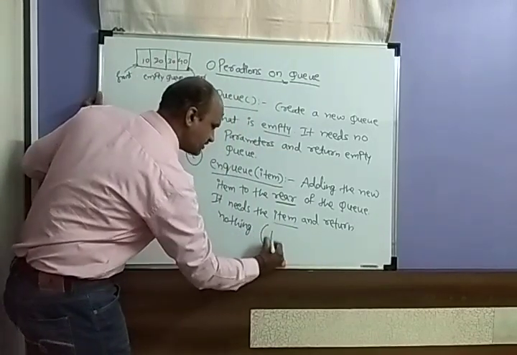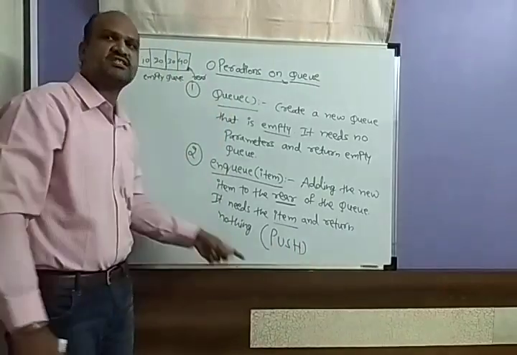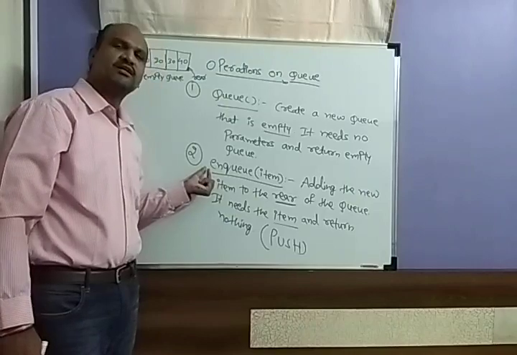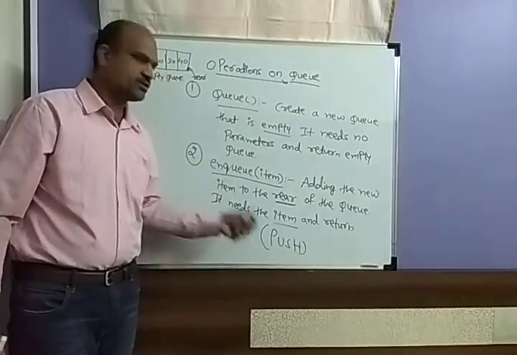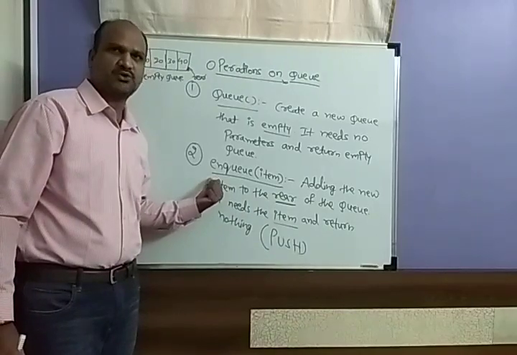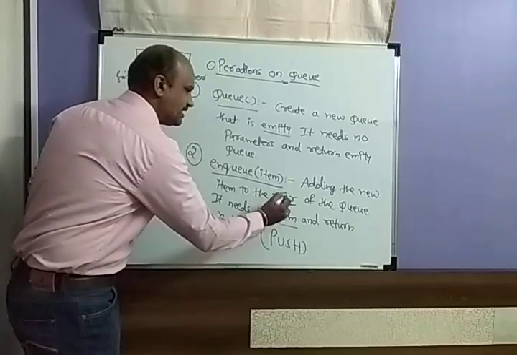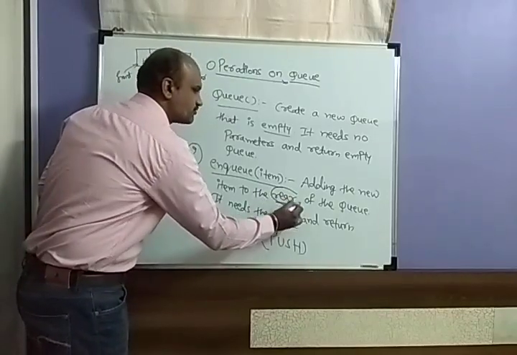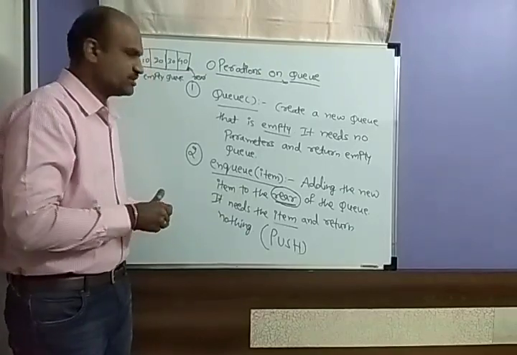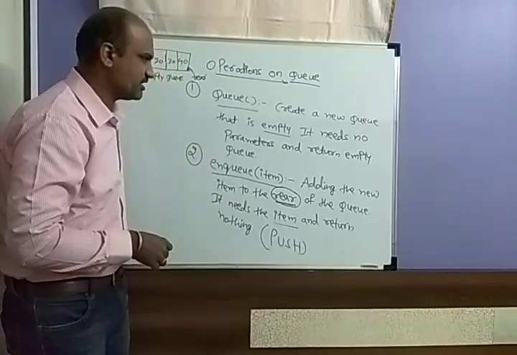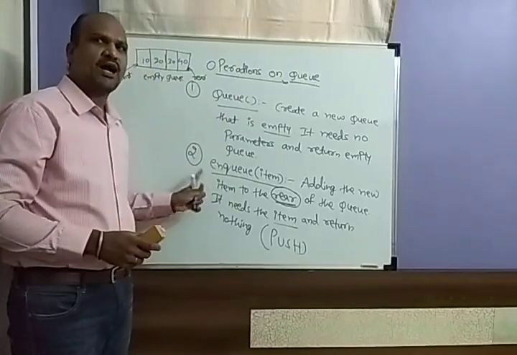In the stack we usually call this push, but here in the queue we call it NQ. It will add the item, and you have to remember, the rear is to add the items. These are the two operations: Queue, and second, NQ, to add the items.